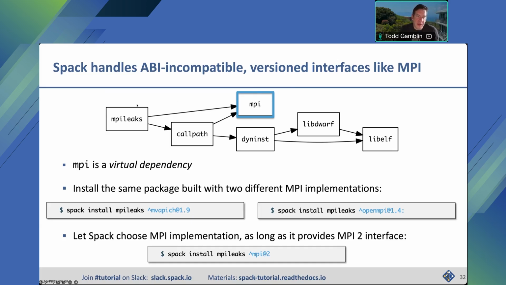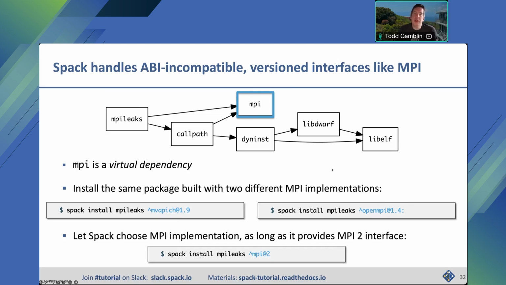So MPI is what we call a virtual dependency. It means it's an interface. It can be versioned. And if you want to install the same package but with two different MPI implementations, then you would do spack install mpileaks caret mvapich at 1.9, or caret openmpi at 1.4 or higher. And these are just specs like you've seen before. But this is how you specify that this thing should have that dependency.